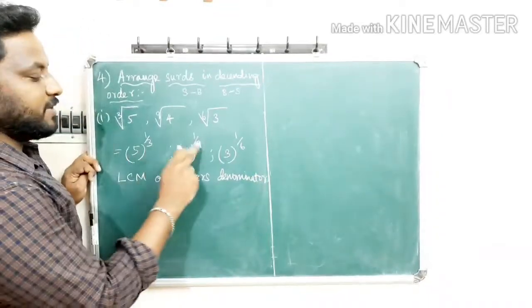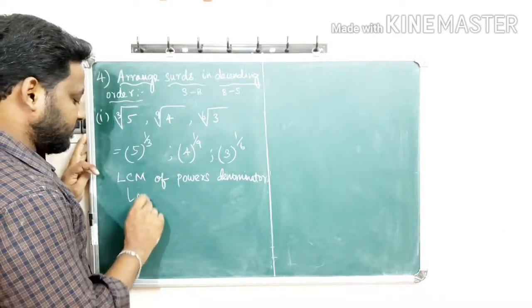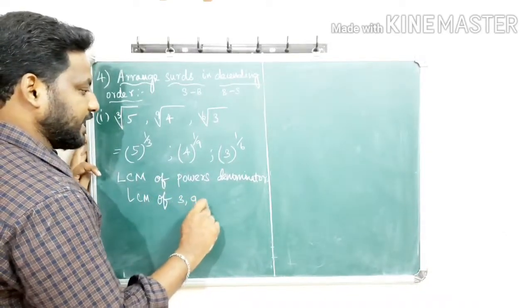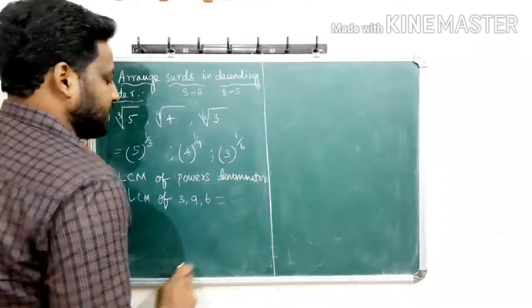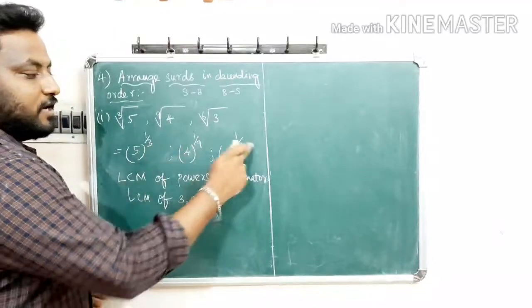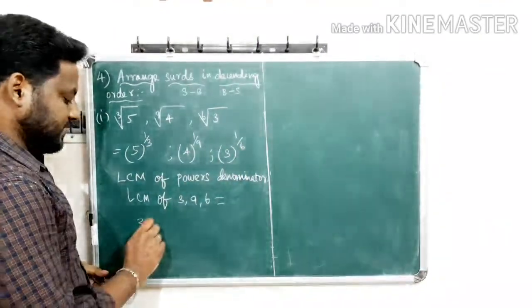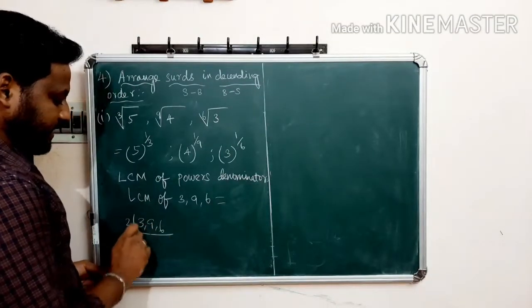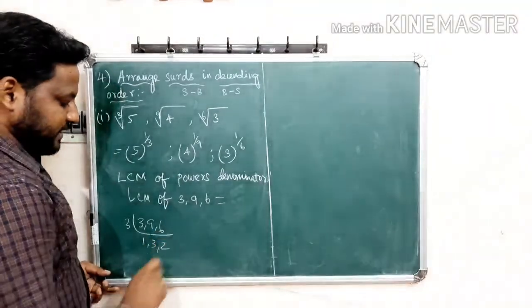So what is the LCM of 3, 9 and 6? 3 times 1 is 3, 3 times 3 is 9, and 3 times 2 is 6.